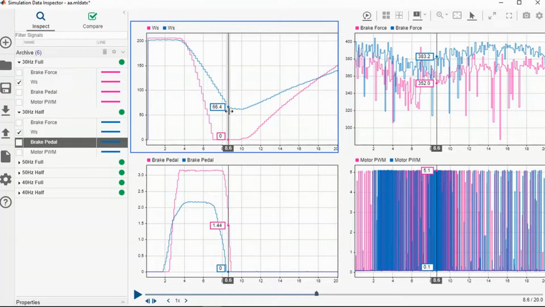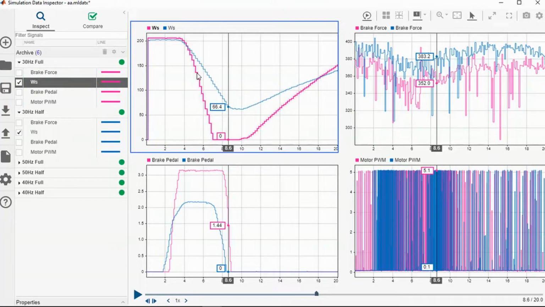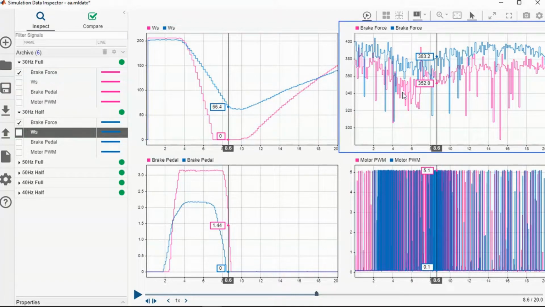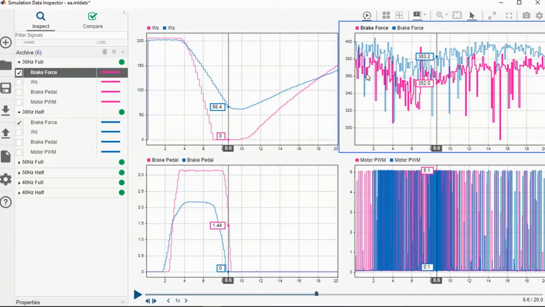The second parameter that I can show on this graph is the gradient. The slope of the two graphs is different. As you can see here, the slope on the full press is steeper than the half press, because, as you can see at the brake force graph, the full press uses more torque power to stop the wheel than the half press.